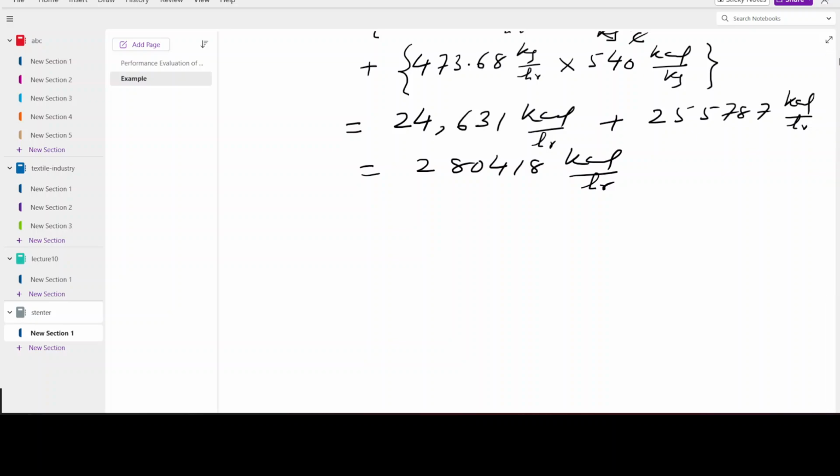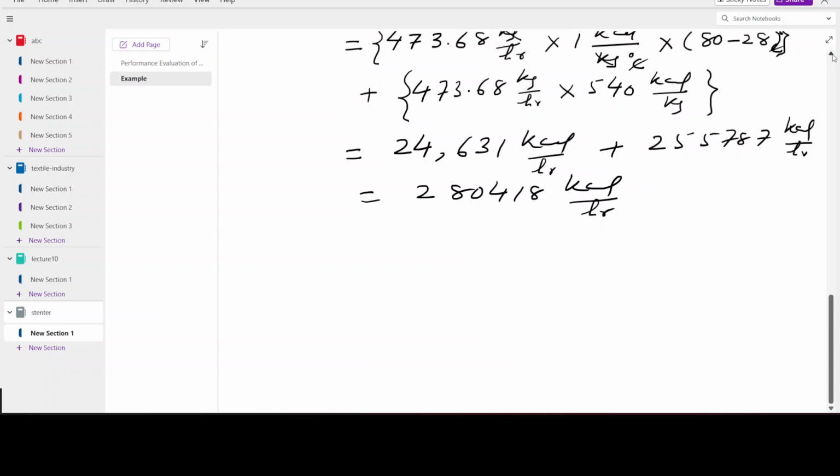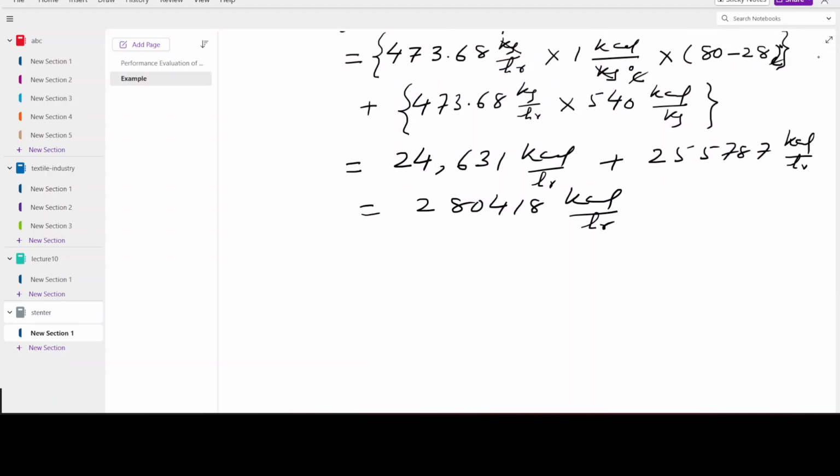You may ask one thing here: 540 kilocalorie per kg is the latent heat of vaporization at 100 degree centigrade, and here we have output at only 80 degree centigrade. For your information, vaporization takes place at every temperature. That is why in winter, if you keep your cloth for drying even in a room, after a certain time it gets dried and you can use it.